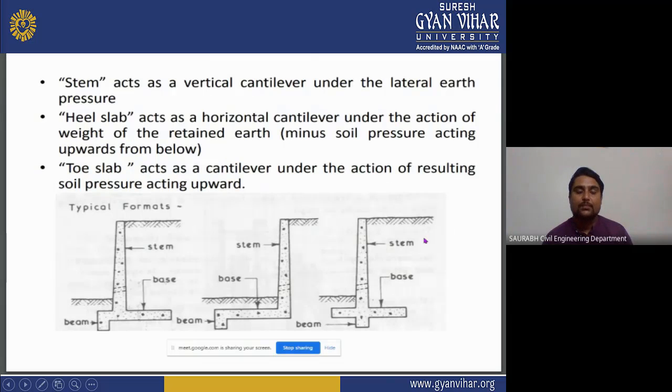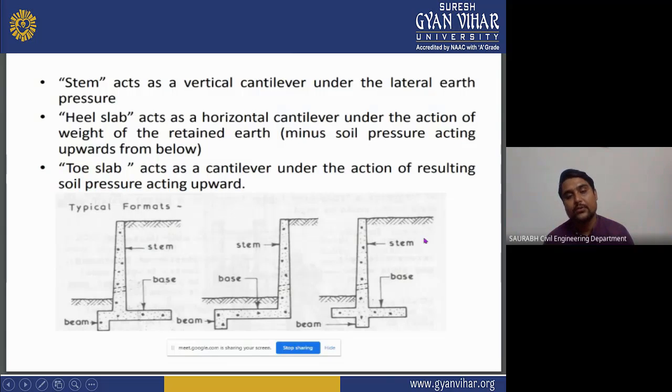Now we will see one by one what is the work of these parts of the cantilever retaining wall. First one is the stem. The stem acts as a vertical cantilever under lateral earth pressure. The heel slab acts as a horizontal cantilever under the action of the weight of retained earth minus the soil pressure acting upward from below.